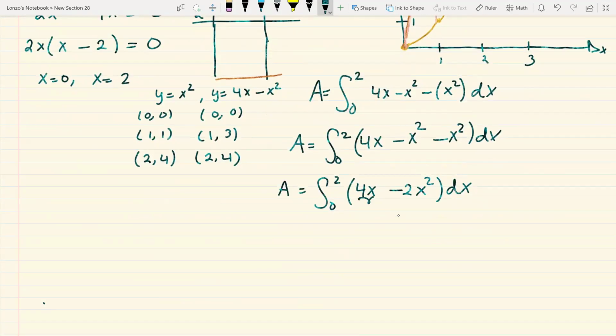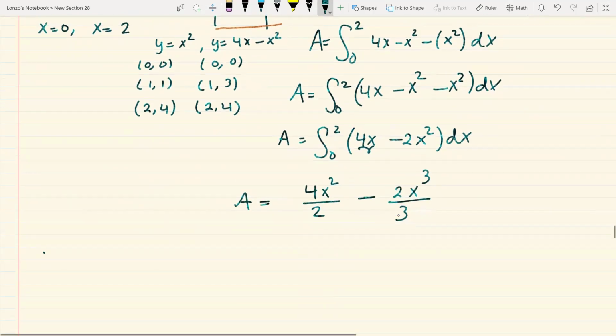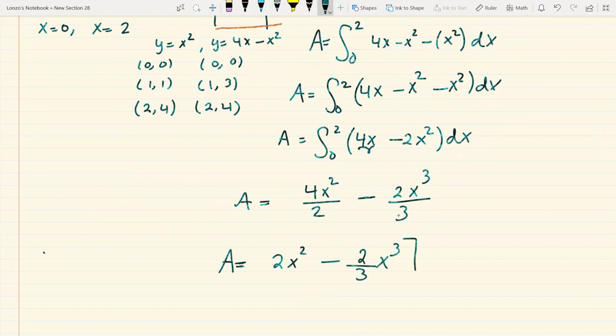So the integration of 4x would be 4x squared over 2, minus the integration of negative 2x squared, which is negative 2x cubed over 3. So that would be 4 divided by 2 is 2x squared minus 2/3 x cubed from the boundaries 0 to 2.